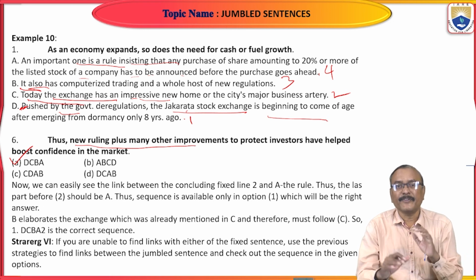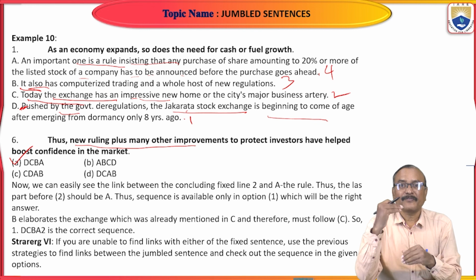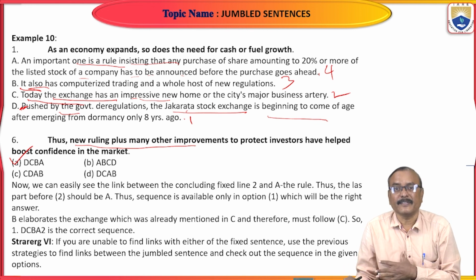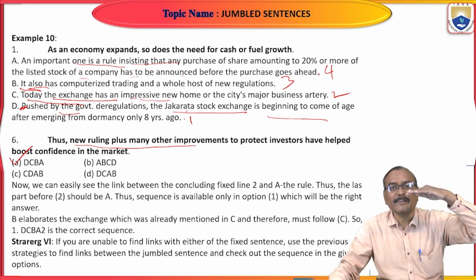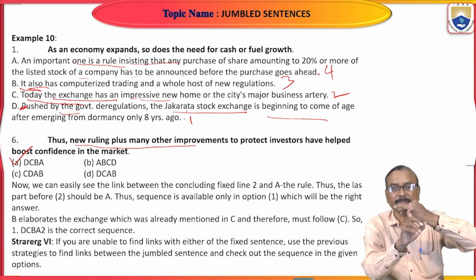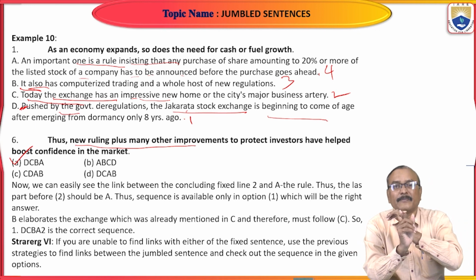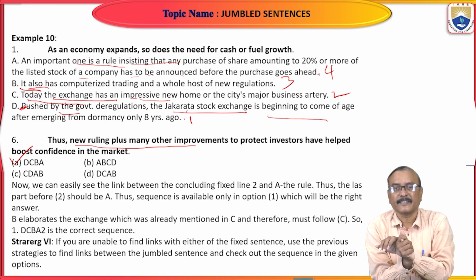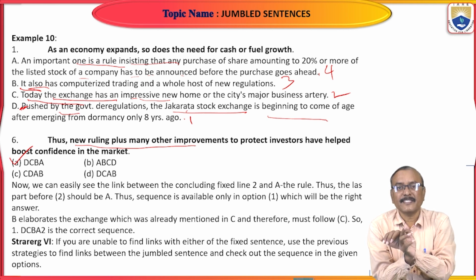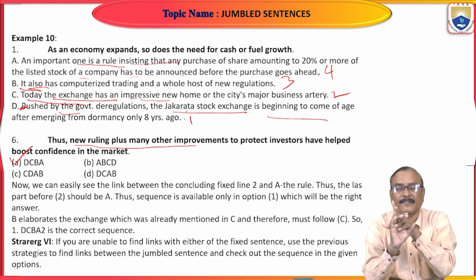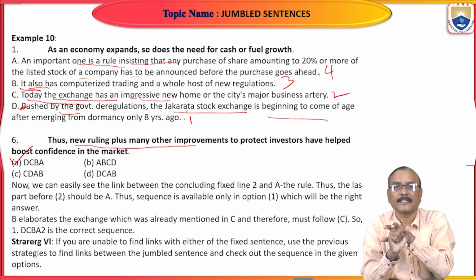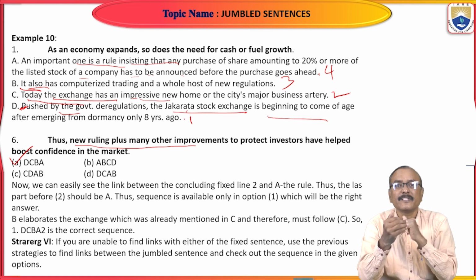And remember, if you are able to trace out the first sentence of the paragraph, the first sentence will not begin with any pronoun. It will not begin with prepositions or conjunctions like that. Is it clear? Right? First sentence will generally be a statement or an introduction of the person or the topic. Is it clear? Right? Then you have to see the link.